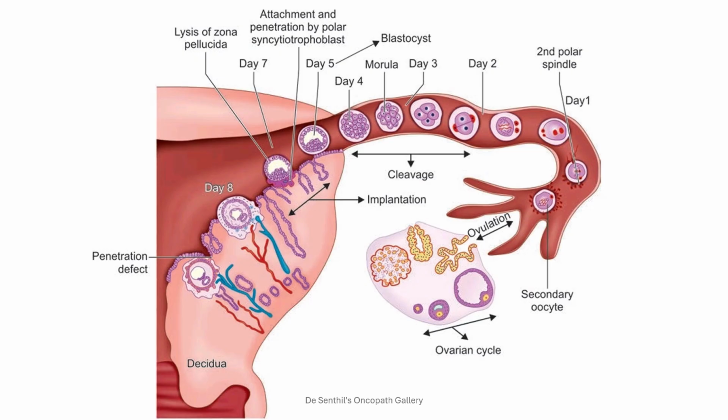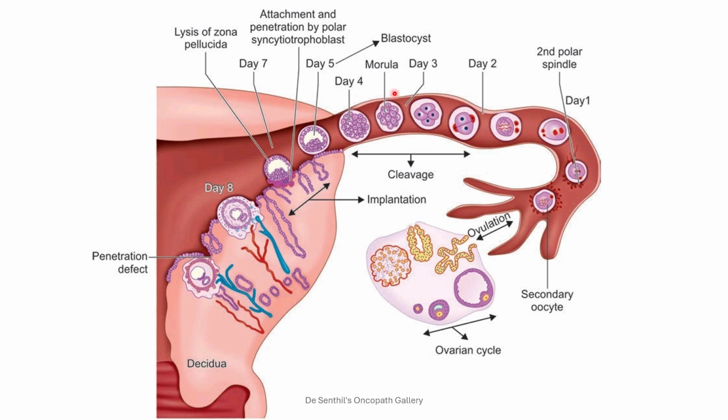This picture shows the fertilization and implantation. After ovulation, the ovum is released into the fallopian tube, and fertilization occurs in the ampulla of the fallopian tube. After fertilization, the zygote is formed and it will start dividing. When it has 16 cells, it is called a morula. It will be covered with a layer of zona pellucida.